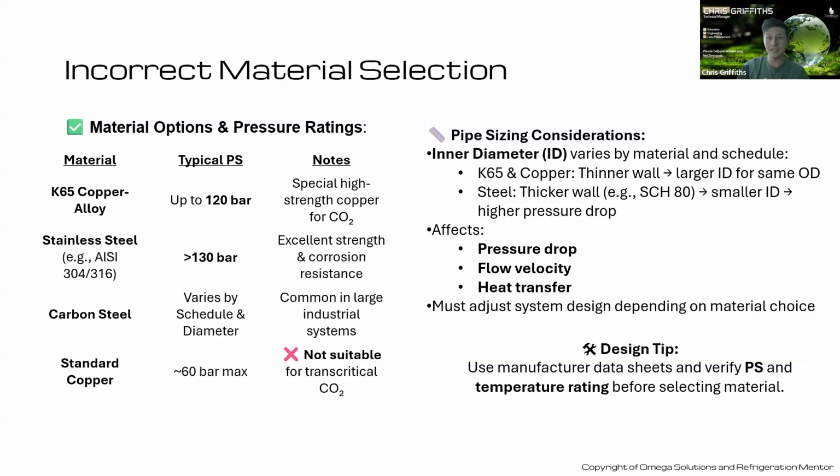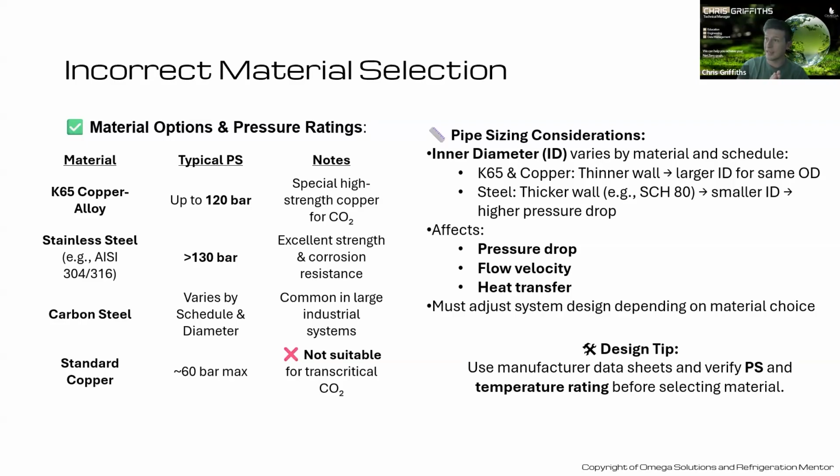Carbon steel, again, it's going to vary on that schedule and the diameter of that pipe, whether it's suitable. Also needs treating when it's implemented because it can corrode. And standard copper, up to 60 bar. So you could theoretically use it on low pressure, low temperature suction pipe work. Would you want to? I would rather put the extra security in for K65.